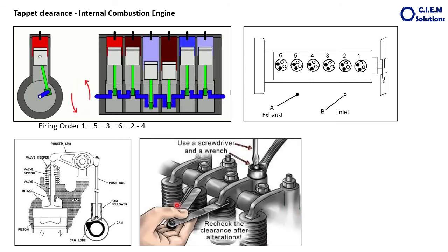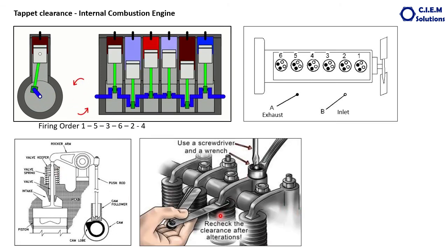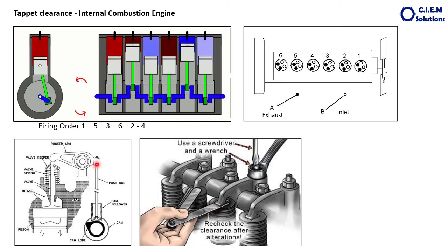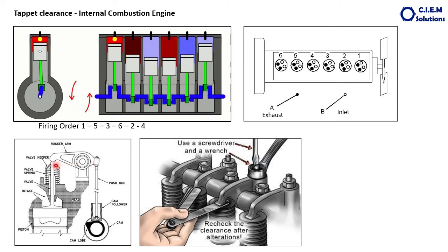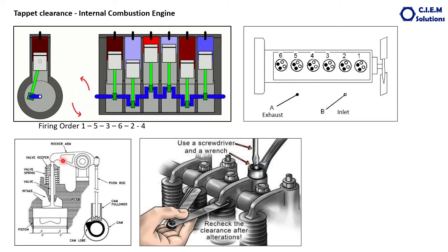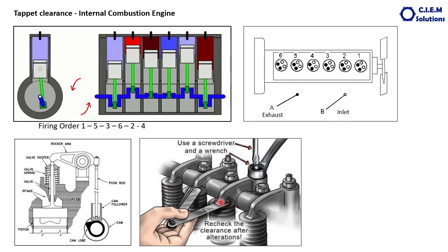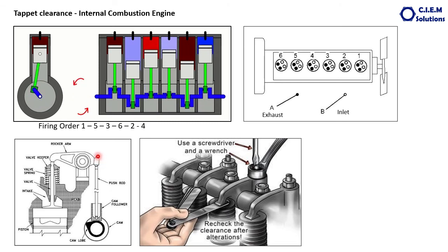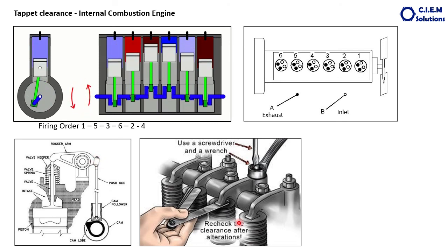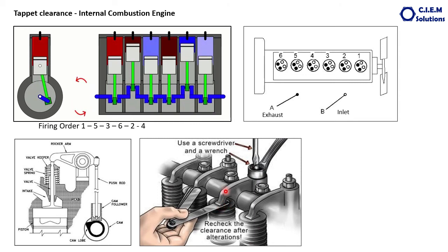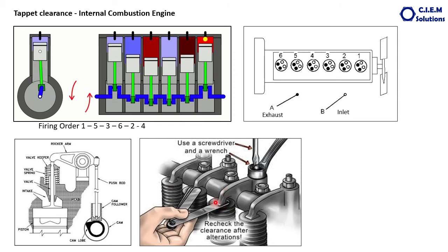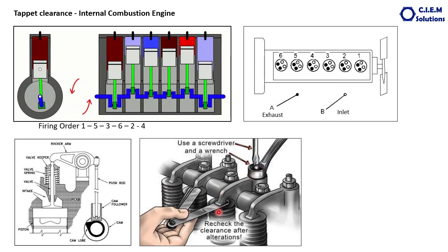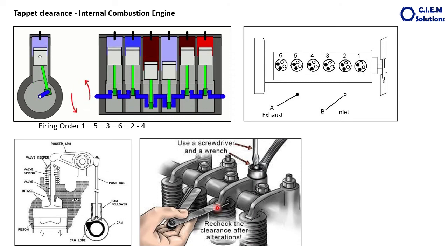This is how the tappet setting is done. First of all, you have to choose which cylinder you have to do the tappet setting for. Then first of all you check this, then put a feeler gauge of the recommended thickness here, then loosen this adjusting screw, then adjust this feeler gauge, then again tighten this adjusting screw till you feel a mild load on the feeler gauge.